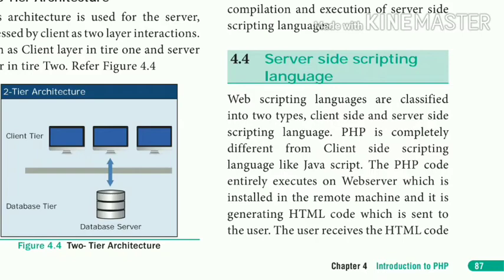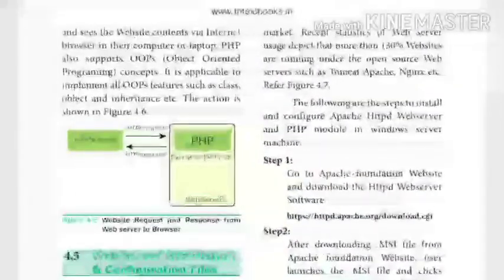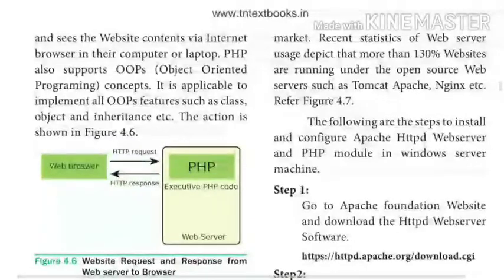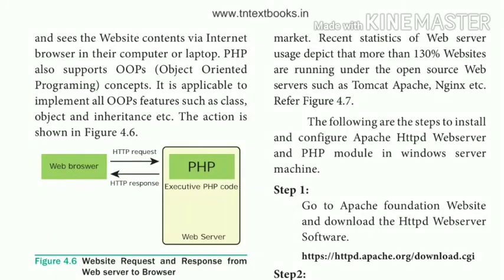The user receives the HTML code and sees the website content in the internet browser on the computer or laptop. PHP also supports OOPS, which means Object-Oriented Programming concepts. It can implement all OOPS features such as class, objects, inheritance, etc. The actions are shown in figure 4.6.